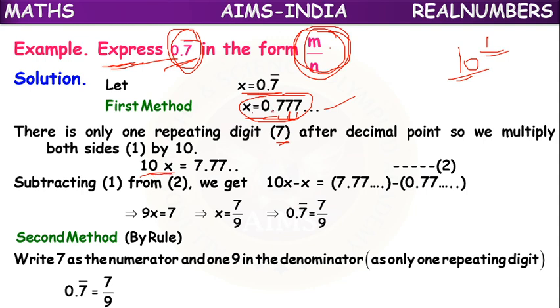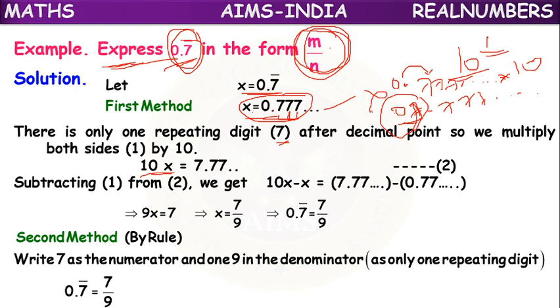If we multiply 0.777 and so on into 10, the point will shift towards the right side, one place, since there is one 0 in 10. But it is the integral part, and in the integral part the extreme left 0 does not have any value, so we can take it as 7.77 and so on.